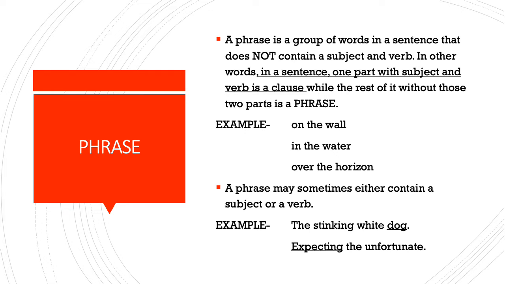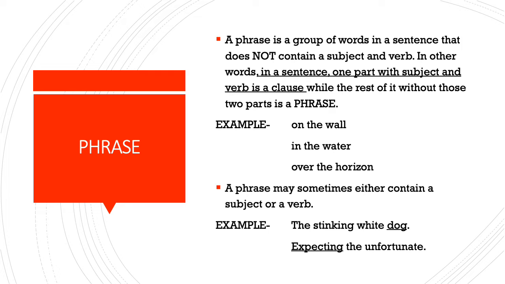Okay, so example: on the wall, in the water, over the horizon. These are all phrases, these are all groups of words that we add to a particular sentence in order to add more information to it. Okay, but there is also an exception, that a phrase may sometimes contain either a subject or a verb.